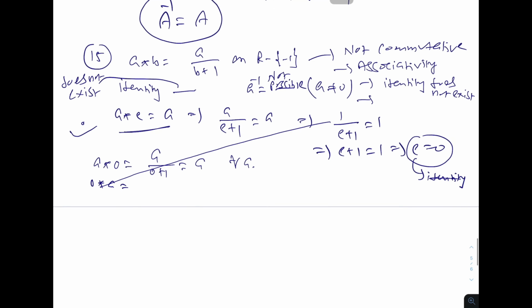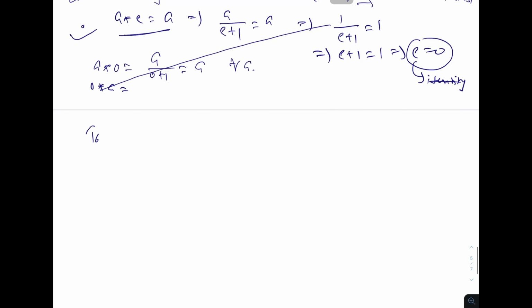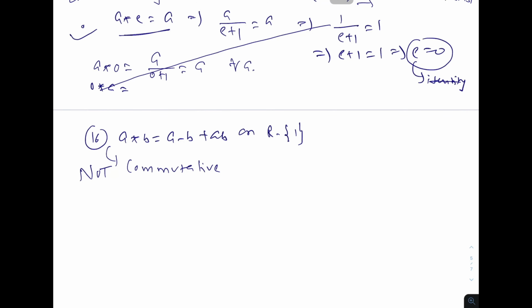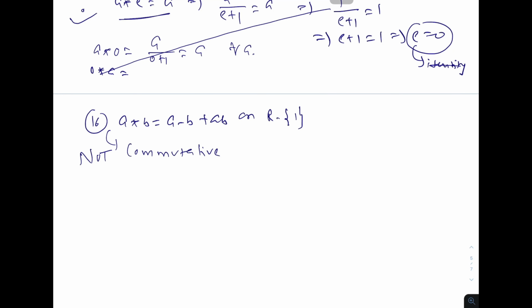Similarly, this operation, if I write say A star B equal to A minus B plus AB on R minus say 1, then this is not commutative, because A star B is not B star A.